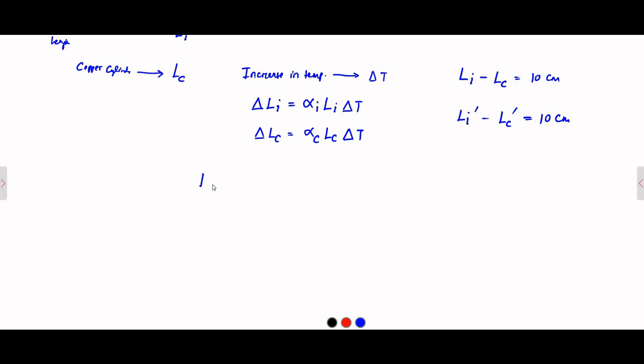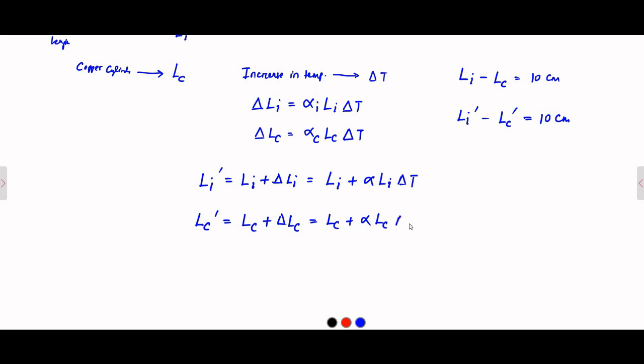So here Li dash, the increased length of the iron cylinder, is equal to the initial length Li plus this linearly expanded length delta Li, which is equal to Li plus alpha Li delta T. Similarly, the increased length of the copper cylinder is equal to the initial length of the copper cylinder plus the increase in length, which is equal to Lc plus alpha Lc delta T. So let's name them.